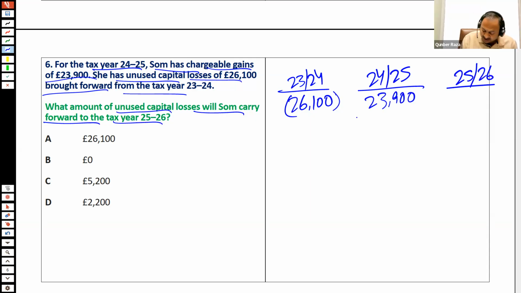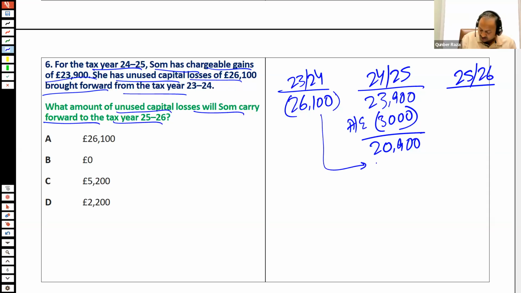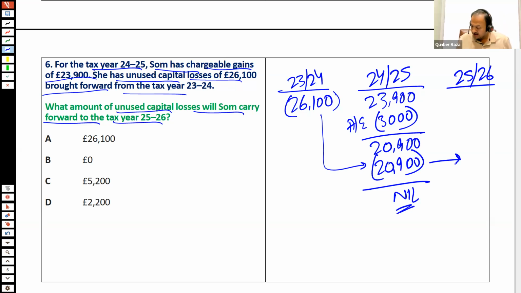From 24-25, first of all, the annual exemption of 3,000 is to be deducted. So it translates into 20,900. Then of this, 20,900 can be adjusted at most. As a result, how much loss to carry forward?